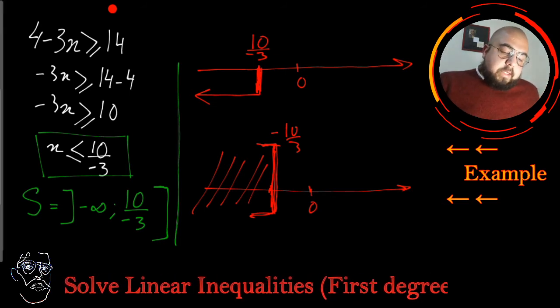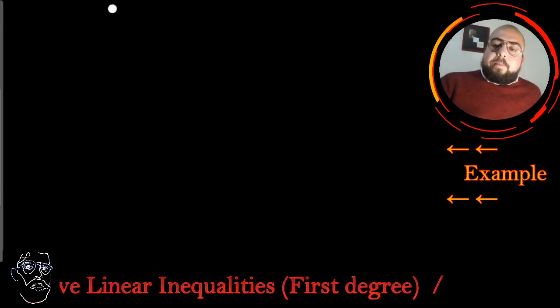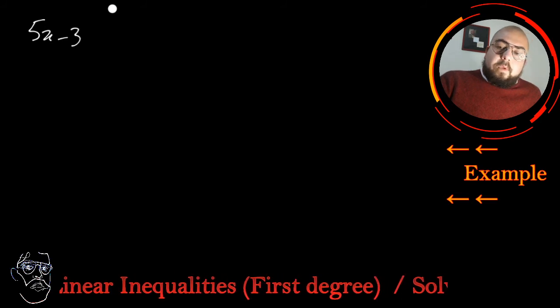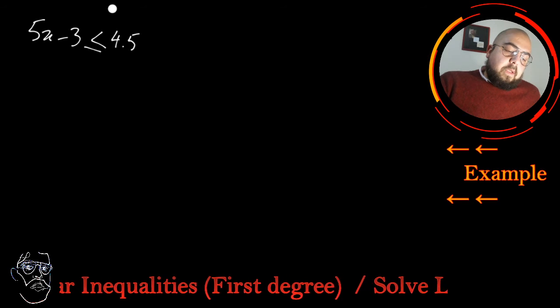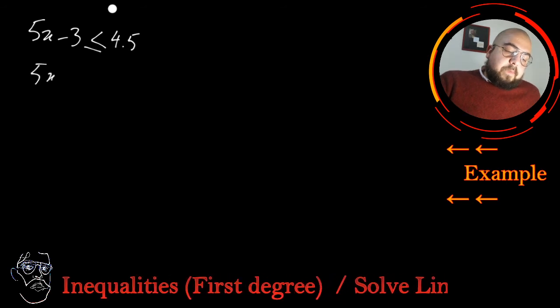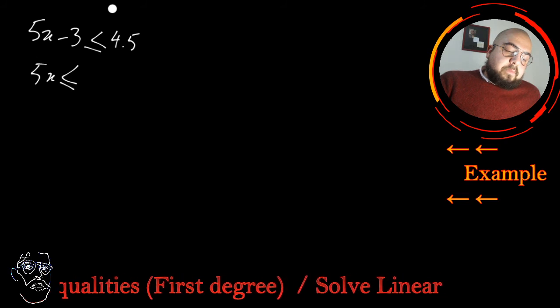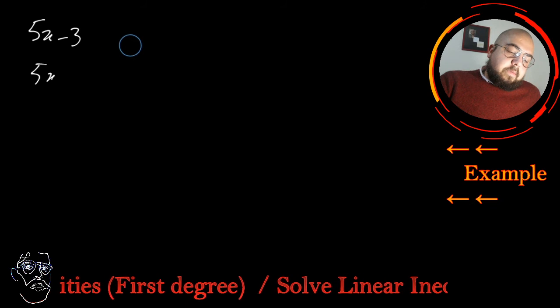Let's take one last example. What about 5x minus 3 smaller than 4.5? So 5x smaller than... so I'm going to take greater than 4.5.